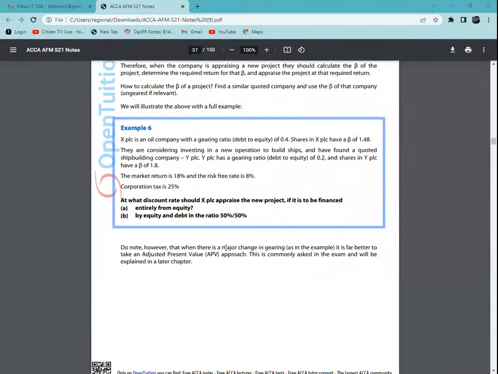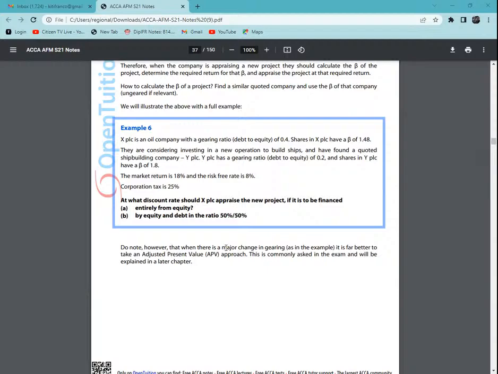Without knowing them it will trouble you a lot. Now, XPLC is an oil company with a gearing ratio, debt to equity, of 0.4. Shares of this XPLC have a beta of 1.48, which is irrelevant. They're considering investing in a new operation to build ships and have found a quoted shipping company, YPLC.